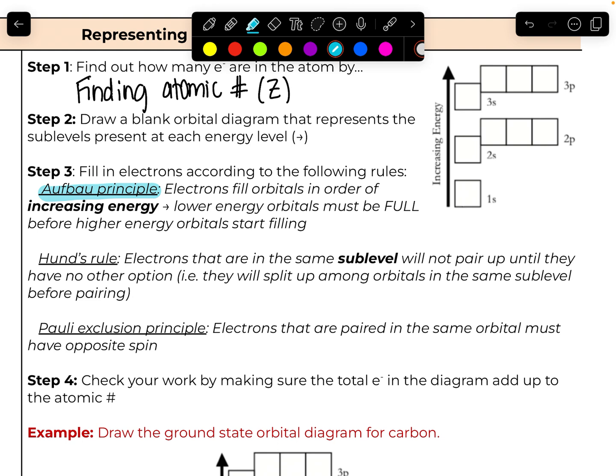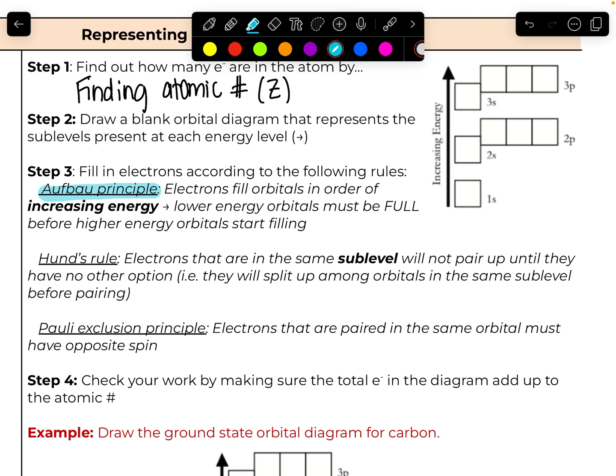It wants to exist in the lowest possible energy state that it can. So if I'm an electron filling into an atom, I want to be as close to the nucleus as I can, as close to those protons as I possibly can, so I feel that lovely force of attraction between me, my negative electron, and the positive charge of the nucleus, right?